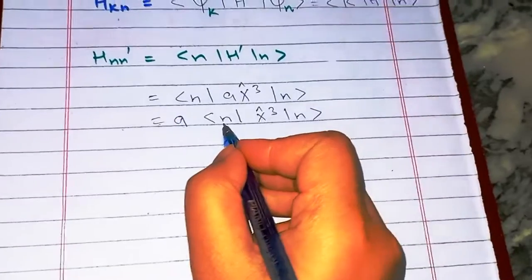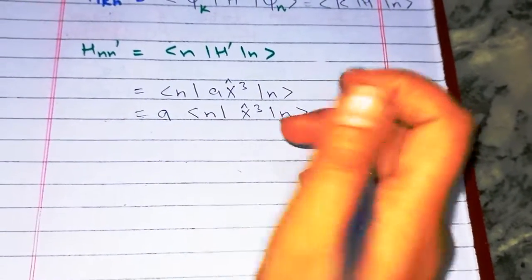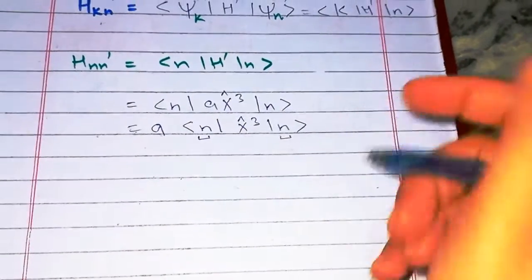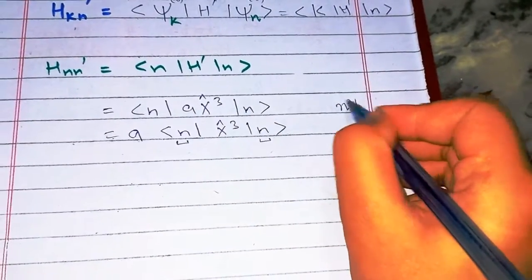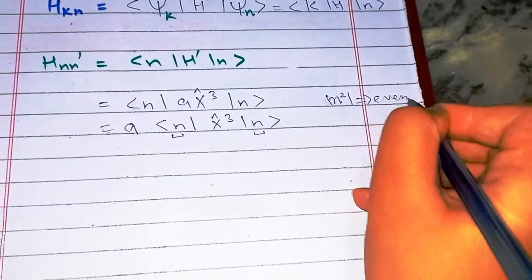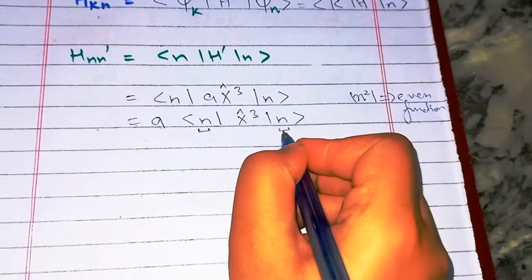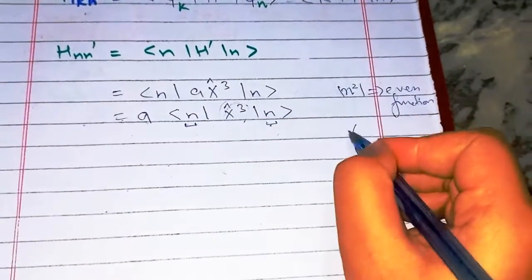We can see here that this forms an odd scalar product. It's because it's the n wave function and this is the n wave function. The product of two similar wave functions makes an even function, and they both combine to form an even function. Then we have this odd function x cube.